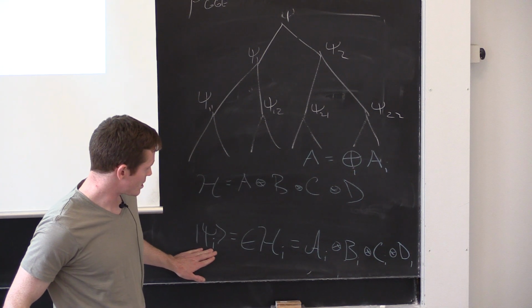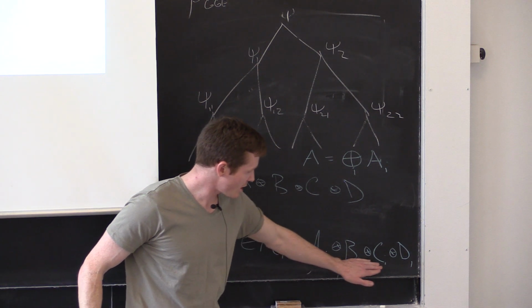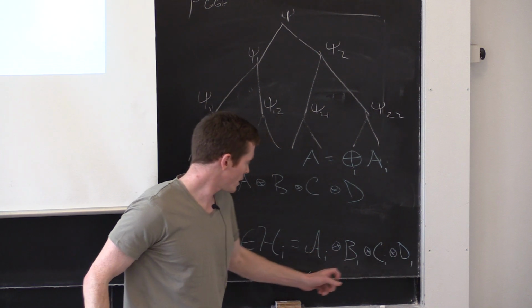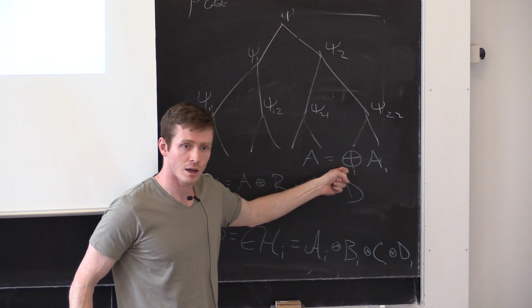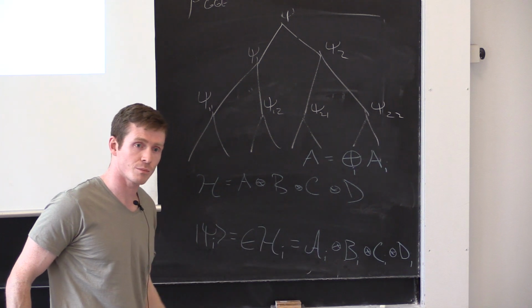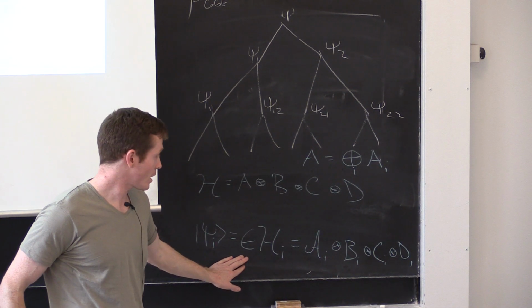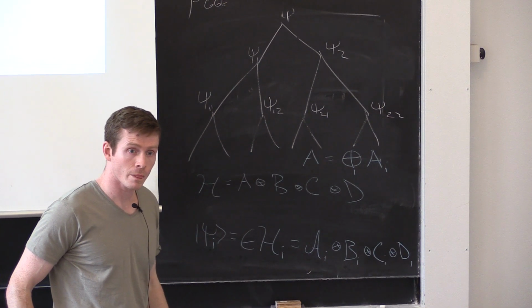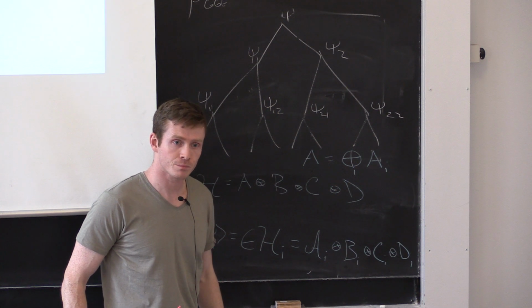What it says is that the state lives in some tensor product of AI, BI, CI, and DI, where A is the direct sum of the AIs, and B is the direct sum of the BIs. This is an equivalent definition to this. Yes. Okay. And very much a kind of a generalization of the GHZ. Absolutely, a little more complicated, but the feeling is.